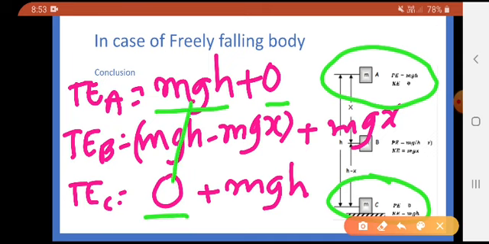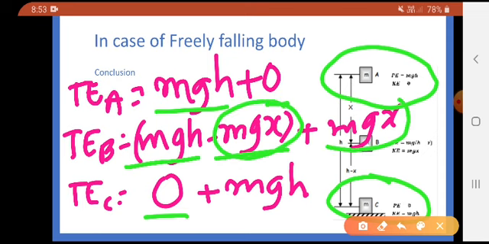So the maximum energy converts to minimum and the minimum converts to maximum. At the middle, some of the potential energy mgh is lost and the same amount is converted into another form, from potential to kinetic.